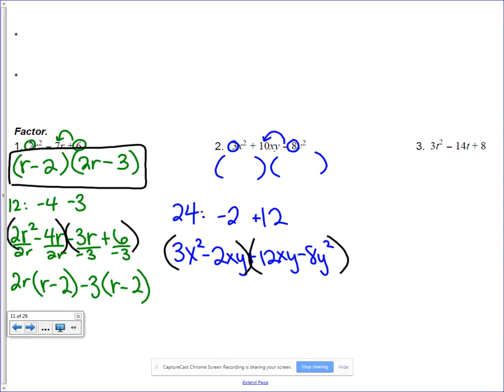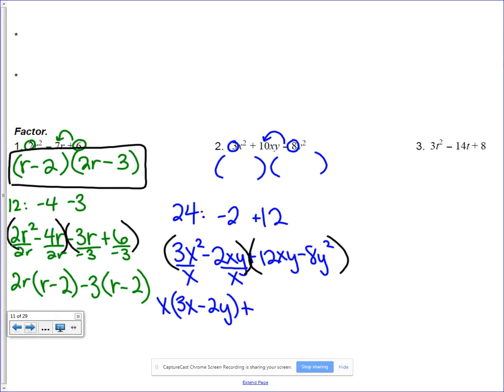Yes? Okay, what can you divide out of the first term, or the first parentheses? An x. I don't think I can divide a 3 out of that 2, right? So we'll put that x out front. What's left, folks? Two y. Good. Everybody following? Yes? This starts with a plus, so I'm going to start with a plus.